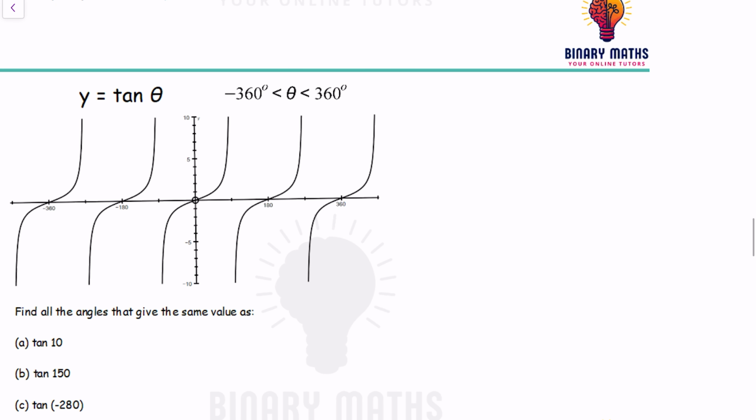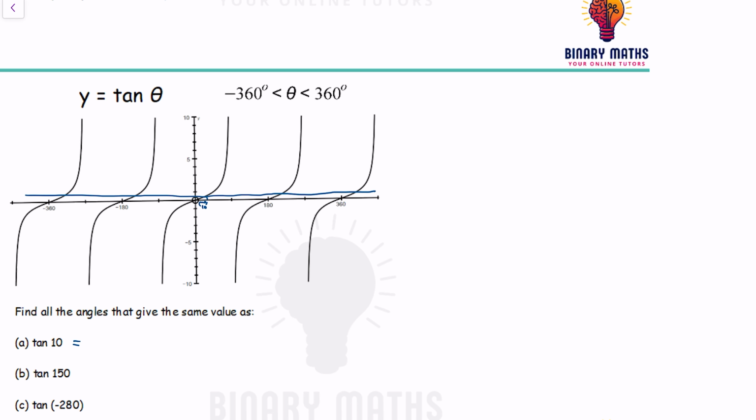Tan is slightly easier than the cosine and sine graphs because it repeats itself every 180. So tan 10 is somewhere here, let's say. Now, because it repeats itself every 180 degrees, all I need to do is add 180 or subtract 180 to get the next one.